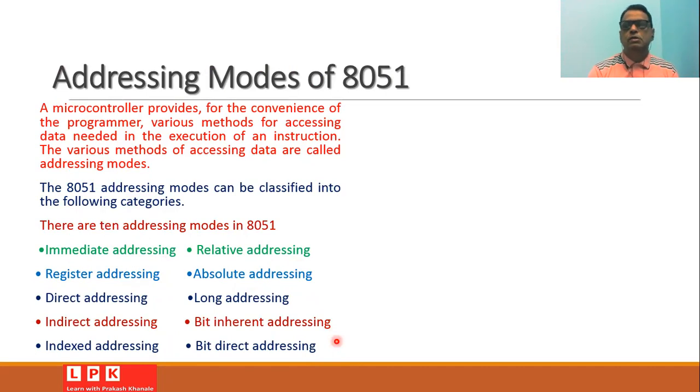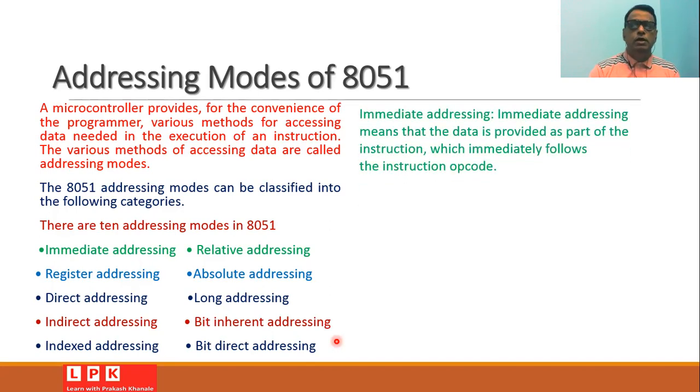As far as the addressing modes are concerned, one can easily find that a large number of addressing modes are available for the microcontroller 8051. So let us understand each one of them.